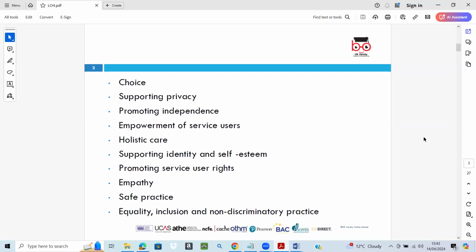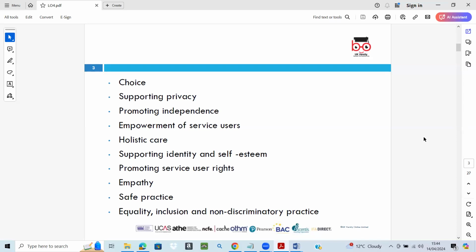So now we have supporting identity. Okay, so supporting identity and self-esteem, what it does, it helps individuals feel valued and understood, which is crucial for their overall well-being.